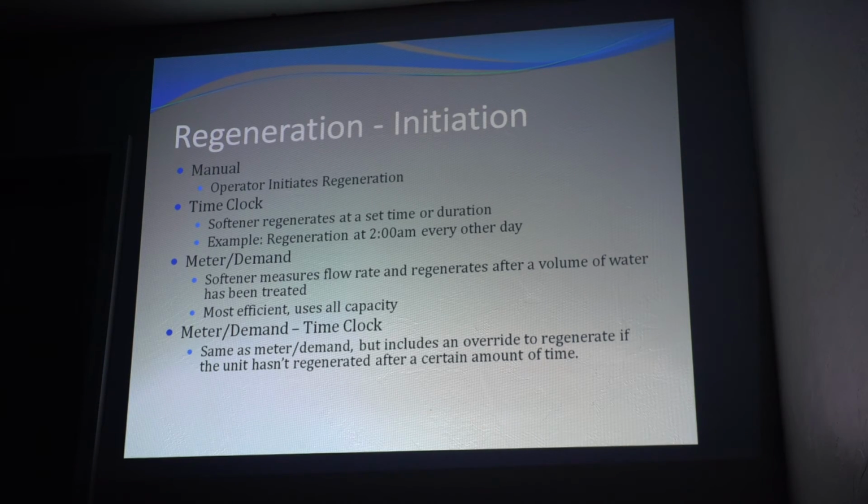Then you've got meter demand and time clock, which most of our controls offer. You can set it to be meter initiated with the calendar day override, and there's multiple reasons for using an override.